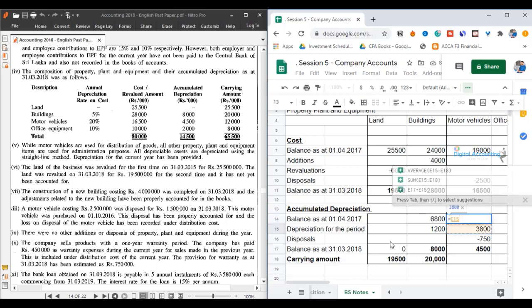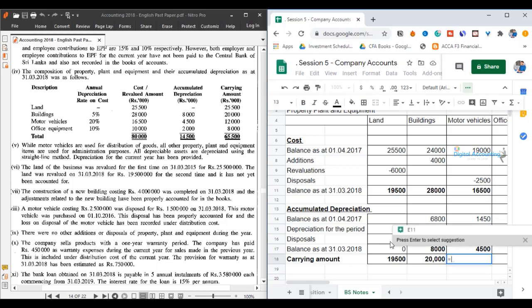So now we can find the closing balance. We add that 750 and take away this 3,800. So 1,450 is the balance as at 1st April 2017 for motor vehicle. Now it should tally with the 16,500 take away 4,500. The carrying amount now tallies with additional information, 12,000.